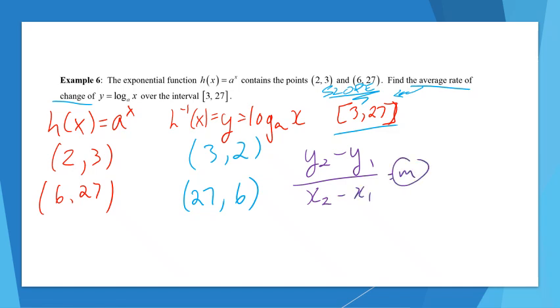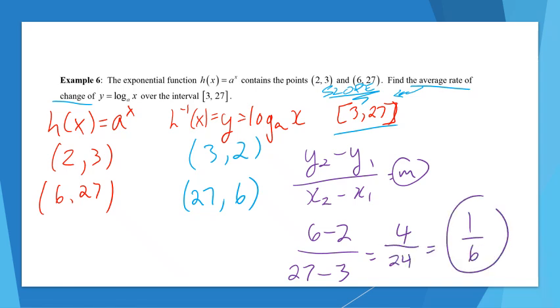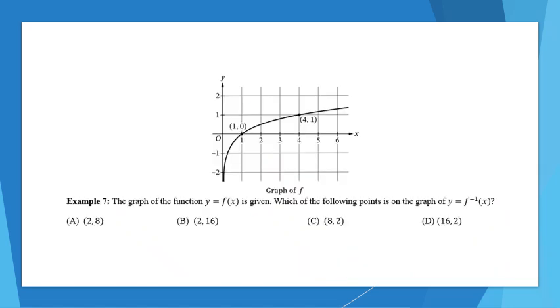Then we just plug those 2 points in. So we have 6 minus 2 over 27 minus 3. This is 4 over 24, which simplifies to 1/6, and that should be our answer for example number 6 there.